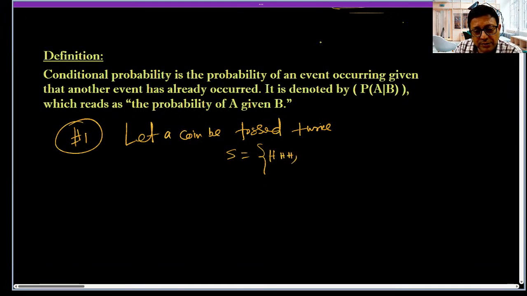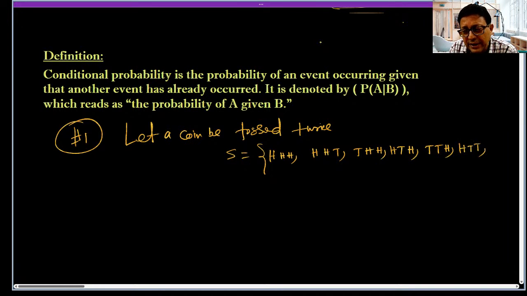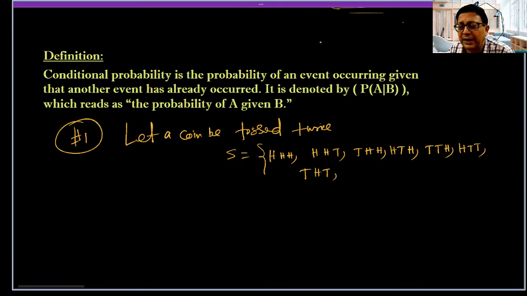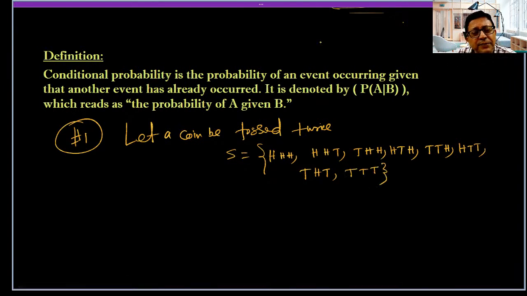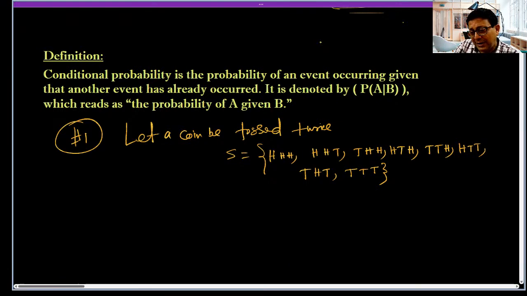There may be head on all three trials. There may be HHT, HTH, THH, HTT, THT, TTH, and then TTT. A subset of this sample space is an event. It consists of elementary events, but a subset can be considered as an event.